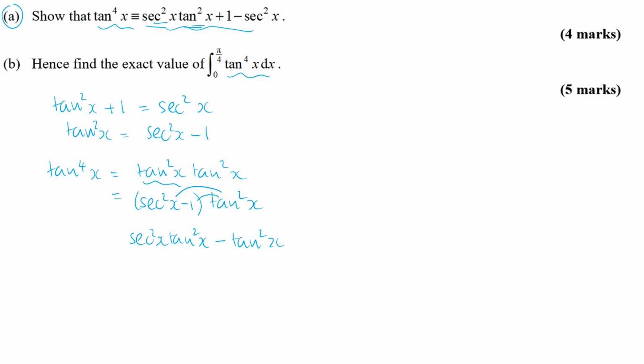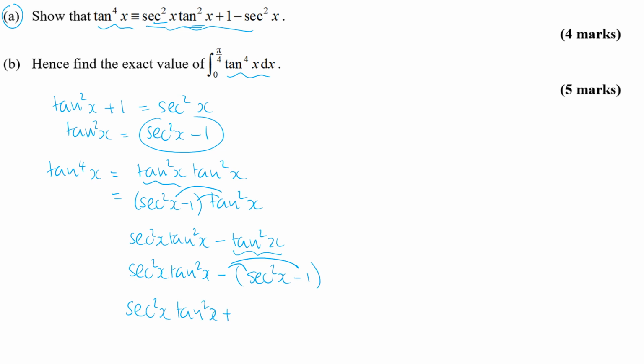And now again I need to use the substitution for tan squared, which is sec squared minus 1. So that's sec squared x tan squared x minus (sec squared x minus 1). Take that minus in and we're going to have sec squared x tan squared x plus 1 minus sec squared x. So that is part A.